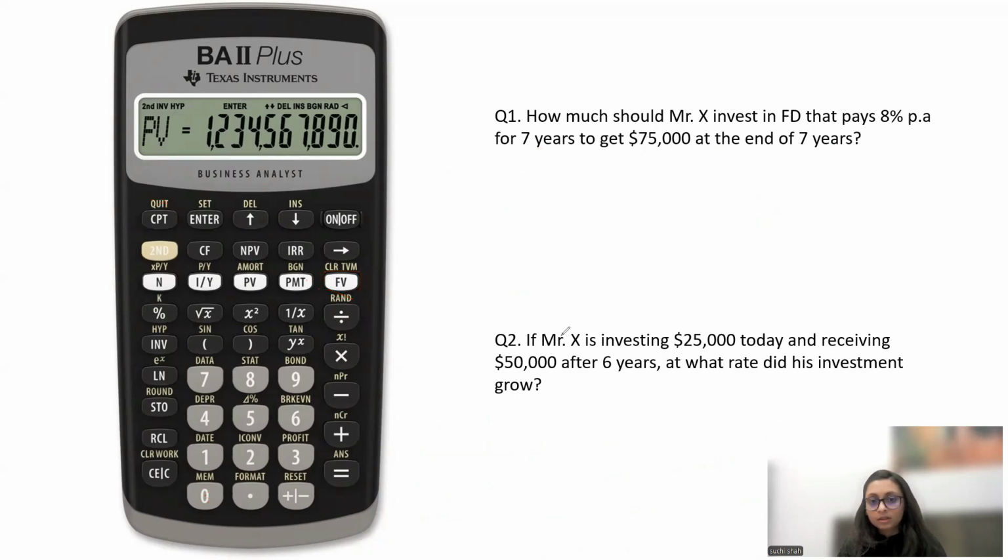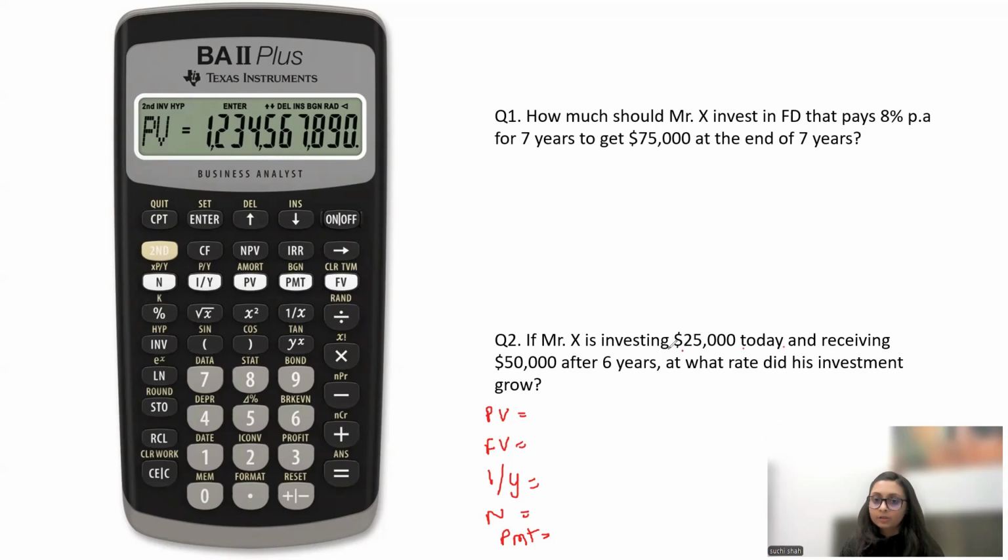Then next one. If Mr. X is investing 25,000 today and receiving 50,000 after 6 years, at what rate did his investment grow? Now again, what data points do we have and what do we need to compute?